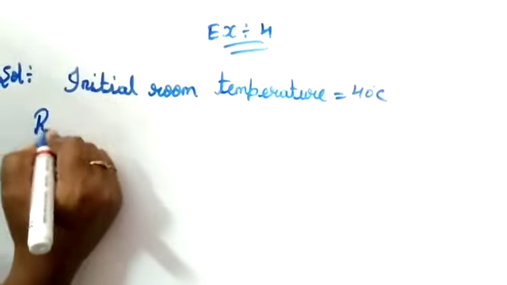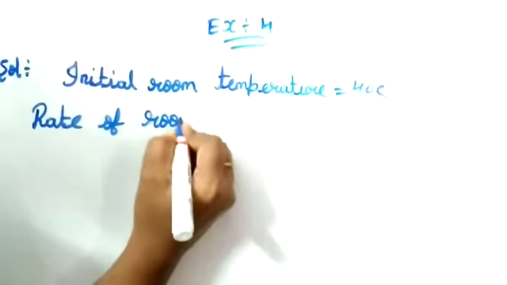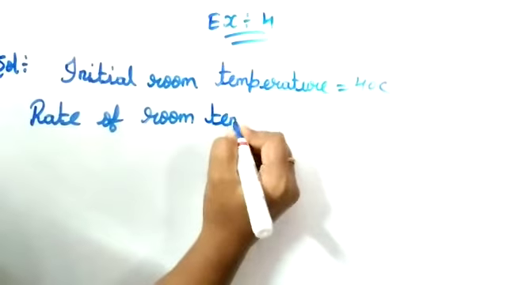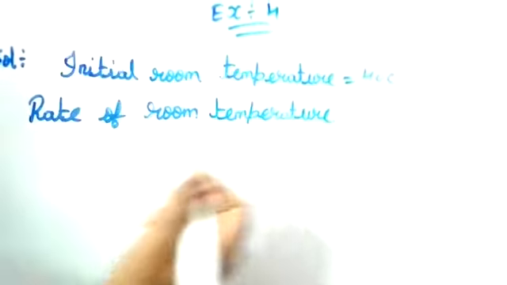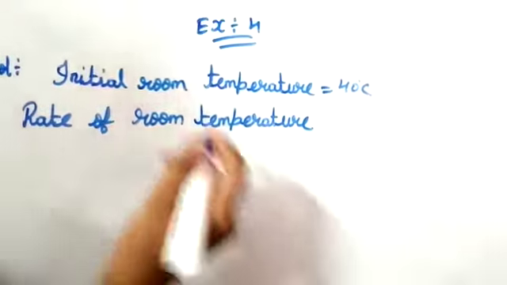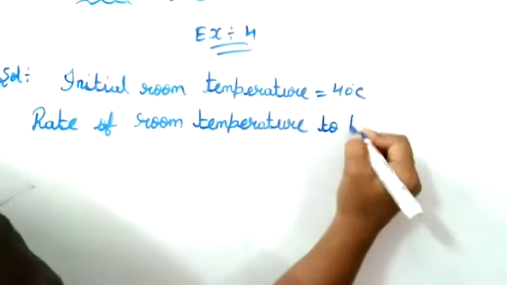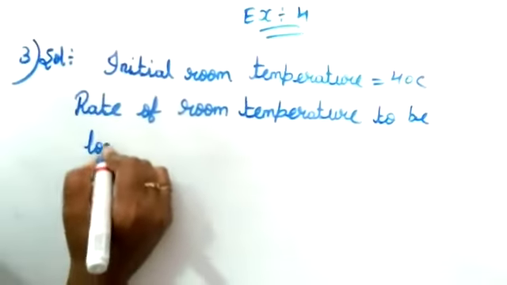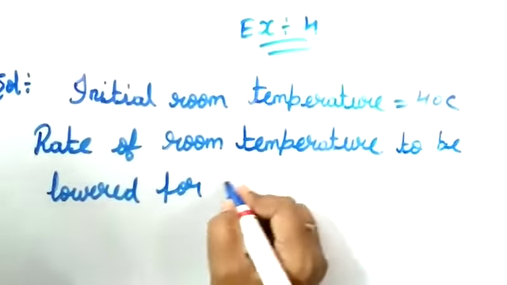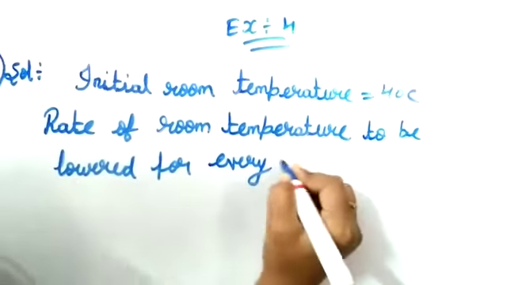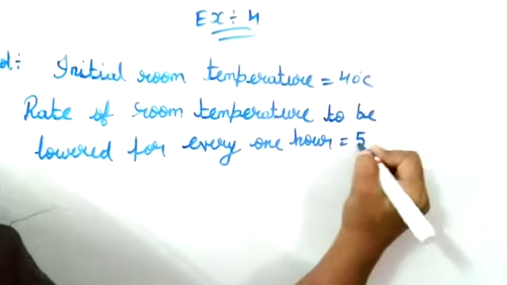So you need to write the rate of room temperature to be lowered for every 1 hour equal to 5 degrees Celsius.